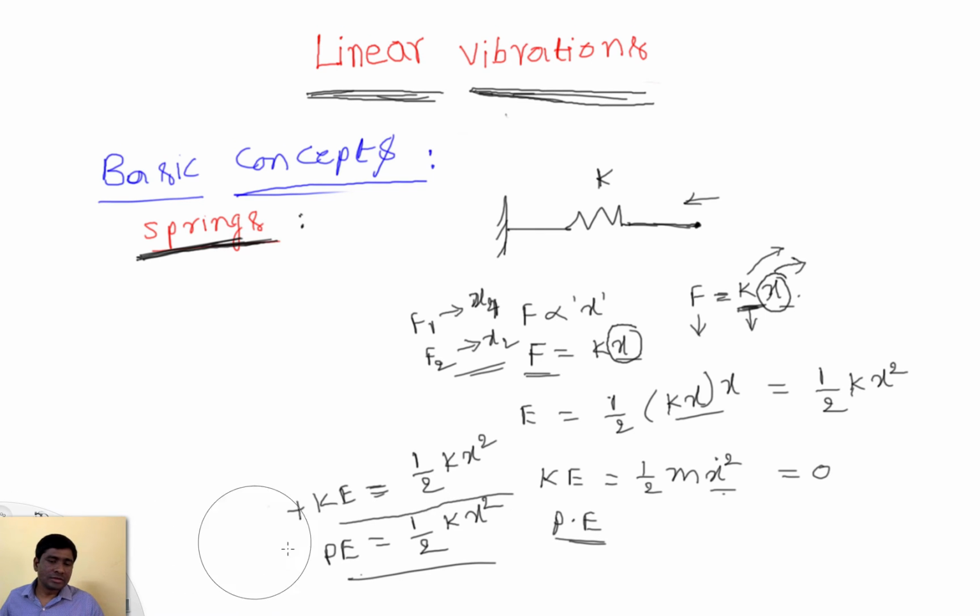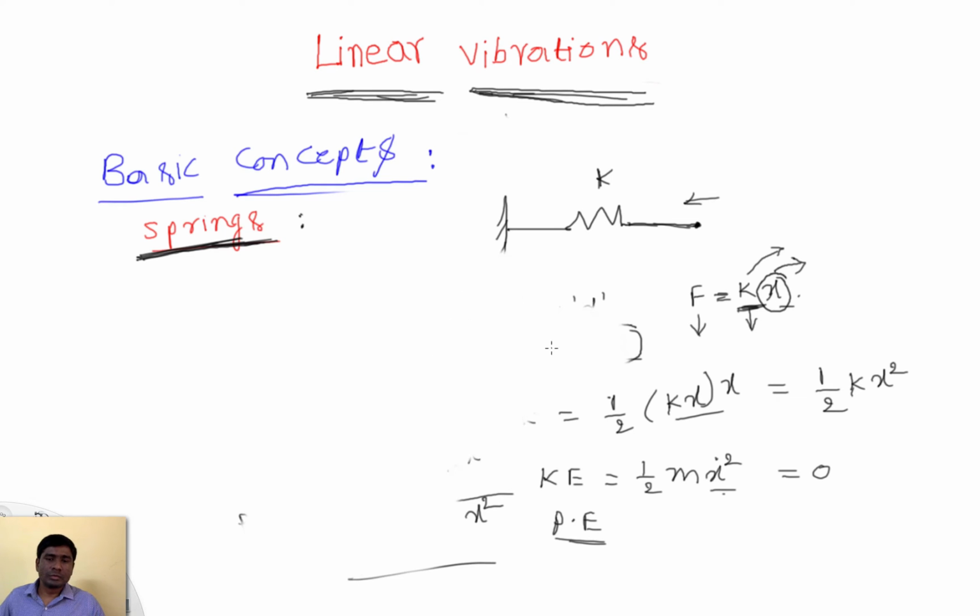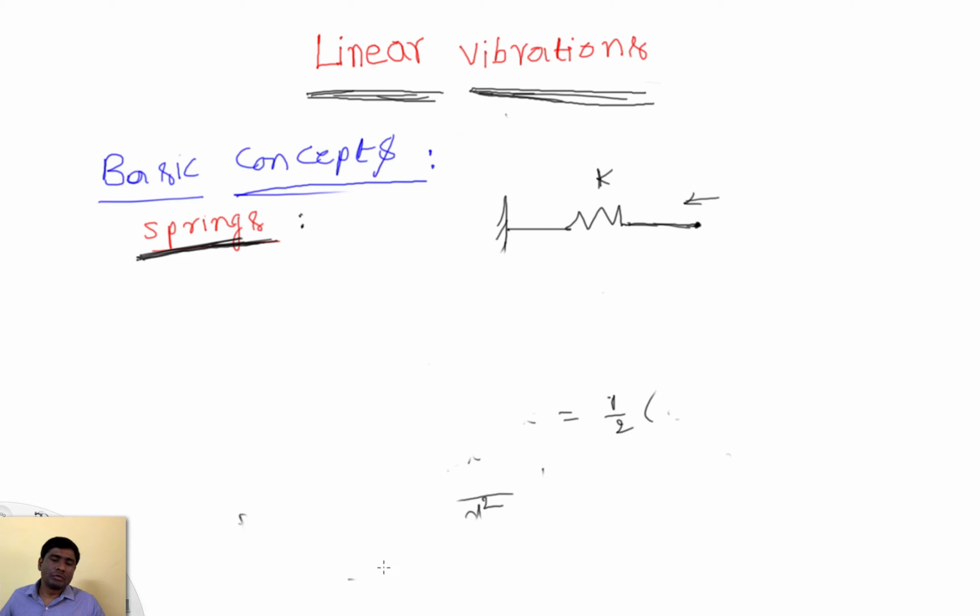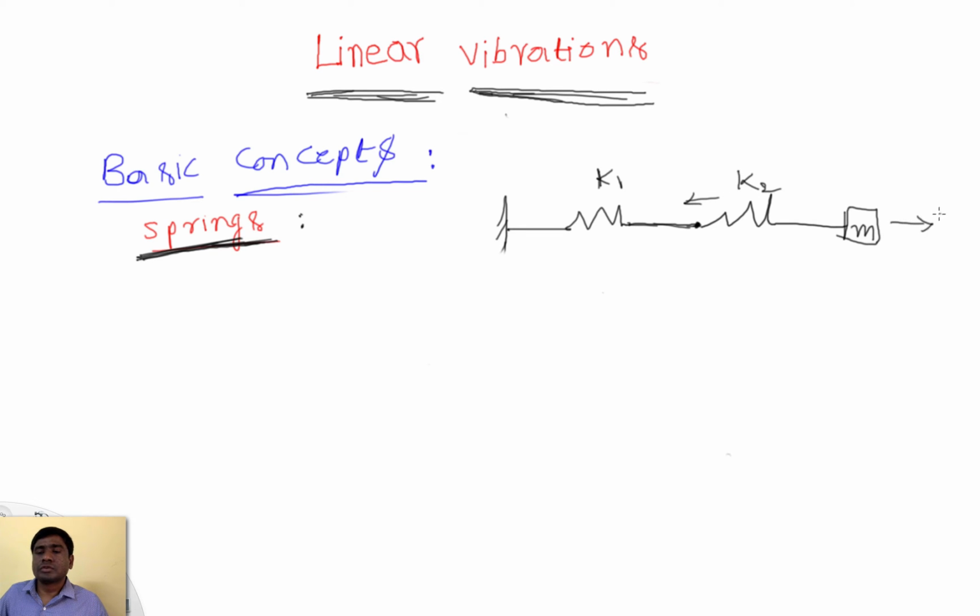In so many instances we use springs in series as well as in parallel connection. So we need to find the equivalent spring constant if the springs are used in that manner. Here I attach one more spring like this, and this is the mass. These two springs are k1 and k2, and I apply a force F so that it causes some displacement here.